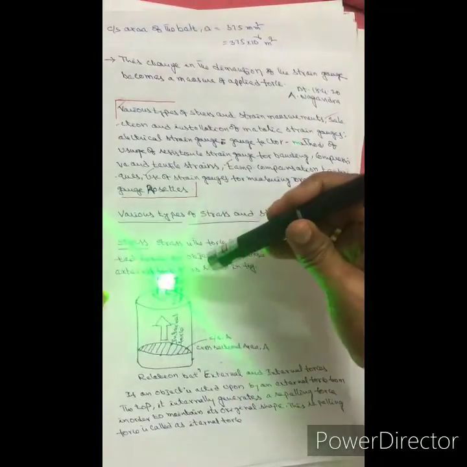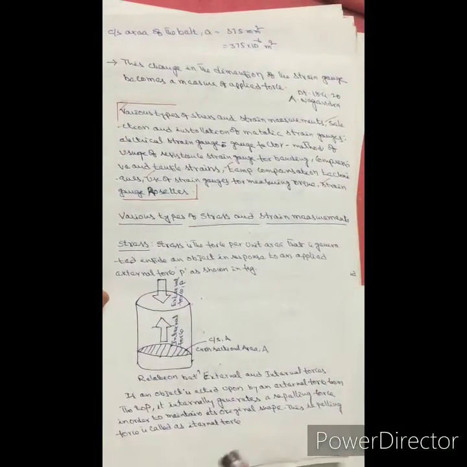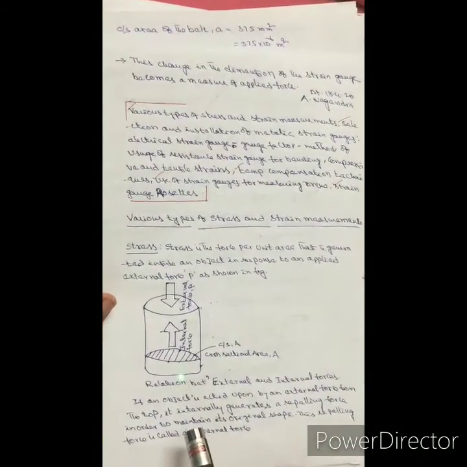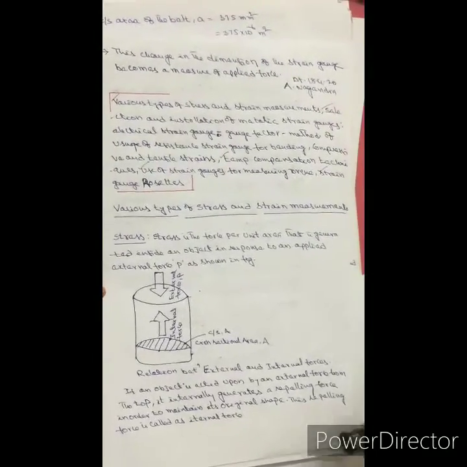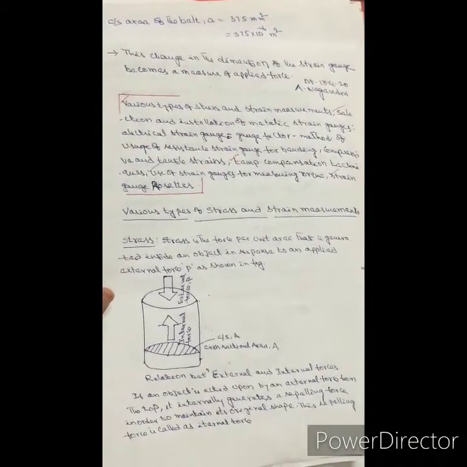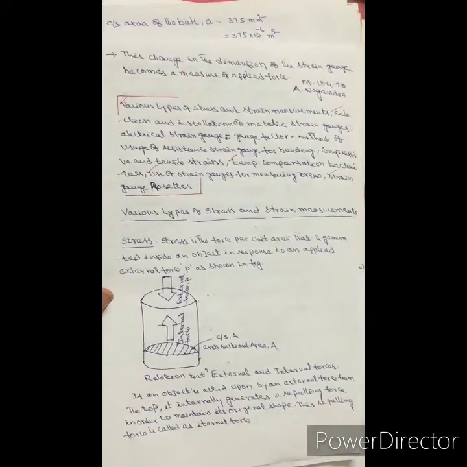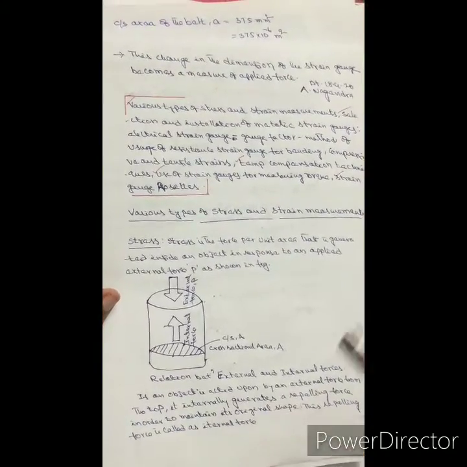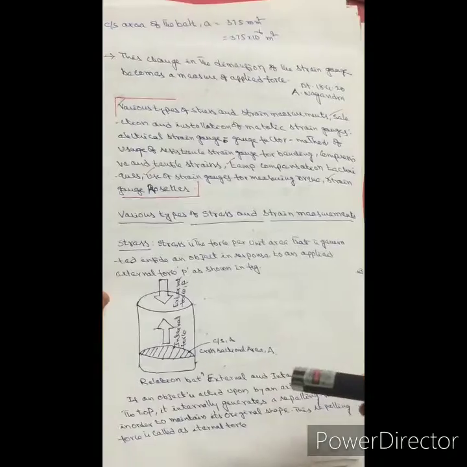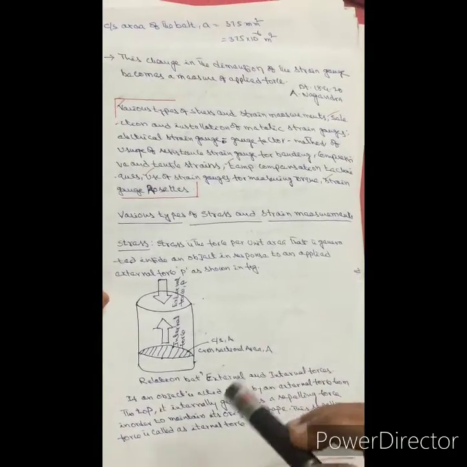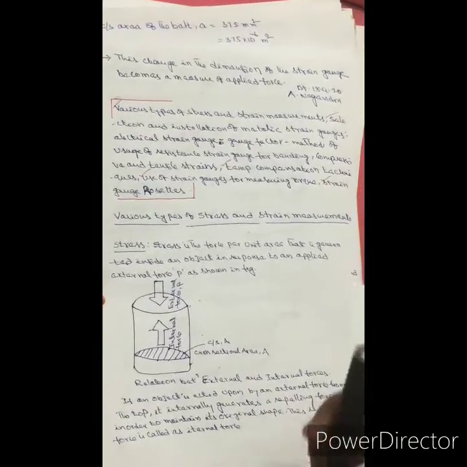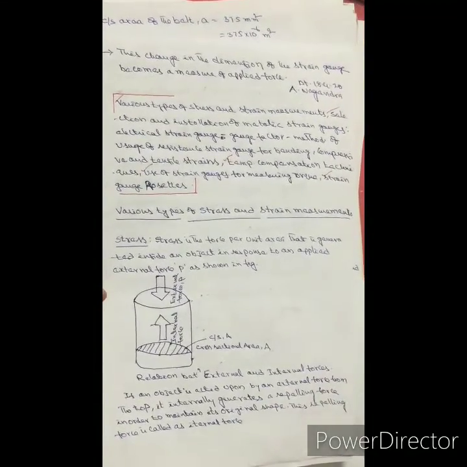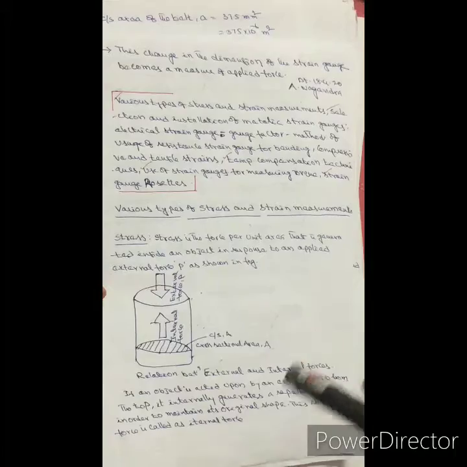Whenever we apply force from the top, oppositely one more internal force is developed inside the body. If the repelling force were not there, the body would not come back to its original position. Whenever we apply force, the repelling force appears automatically, and after the applied force is released, the body goes back to its original shape.